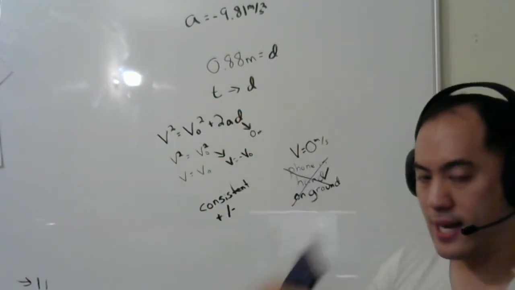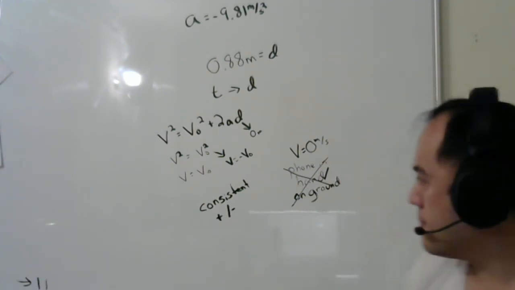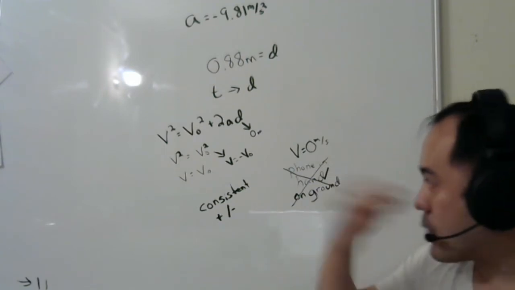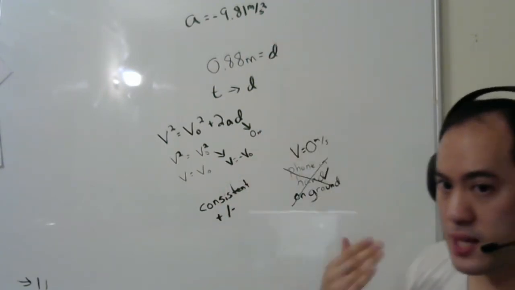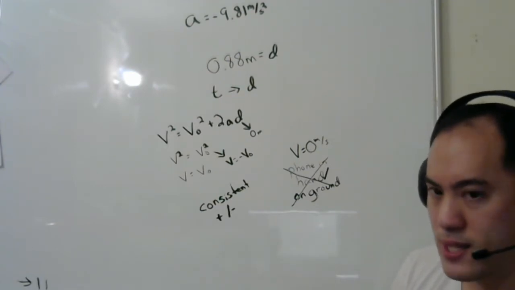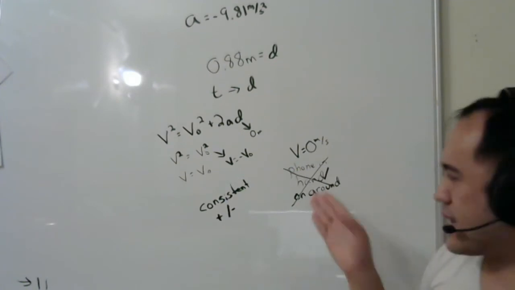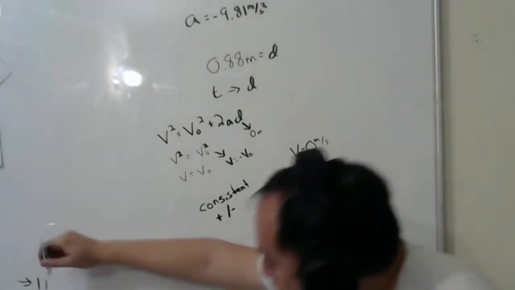That's the time we're analyzing. That's when we can use these equations, because whenever a is not 9.81, then we cannot do anything. We have no idea what the acceleration is. We cannot do any equations. So when is the velocity 0? If you can figure it out, tell me right now. When is v equals 0?